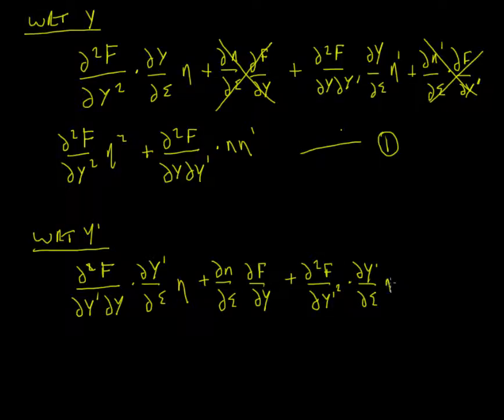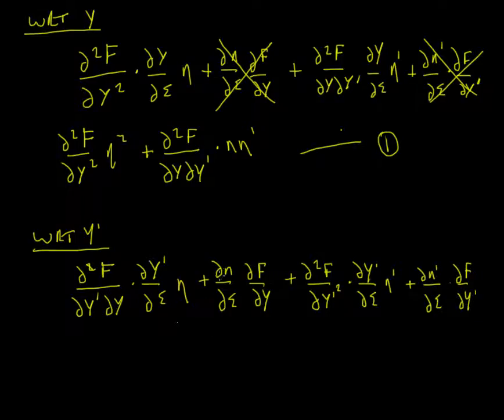Let's see, that's partial squared f partial y, just to check, 1, 2, 3, that's correct. And then the final term we differentiate will be partial eta derivative upon partial epsilon, multiplying what's left over of the product rule, partial f upon partial y derivative.